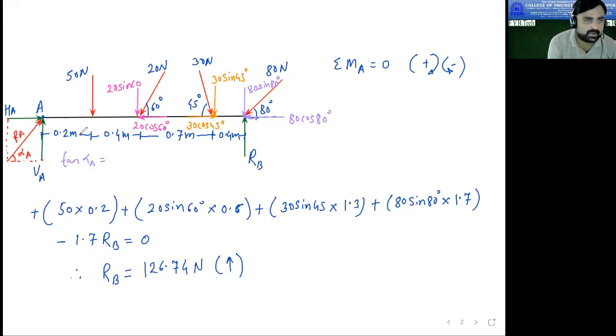So from this triangle, what will you able to tell me? It is opposite side divided by adjacent side. So opposite side is VA and adjacent side is HA. So this is the formula for tan alpha A. There is no need to learn this formula by heart. From this diagram, you can easily calculate this.